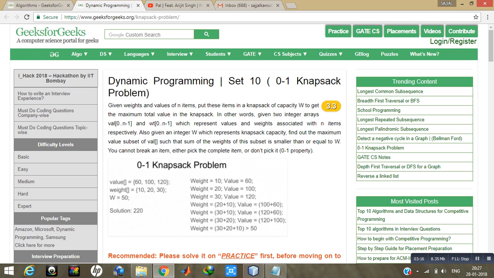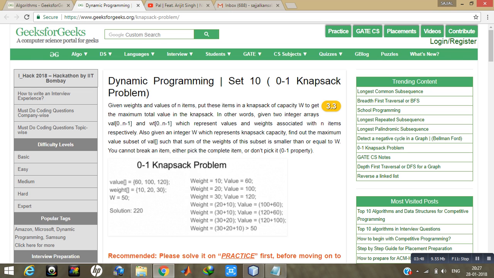When you are getting n cube type complexity, this is a clue that we have to think about this problem in some other way. We don't have to solve the problem in a brute force way, which is giving us a complexity of n cube or n to the power 4. So we need to reduce that complexity.